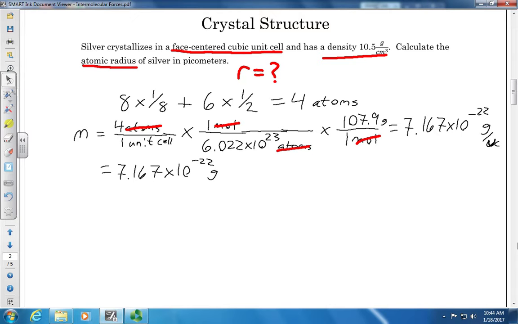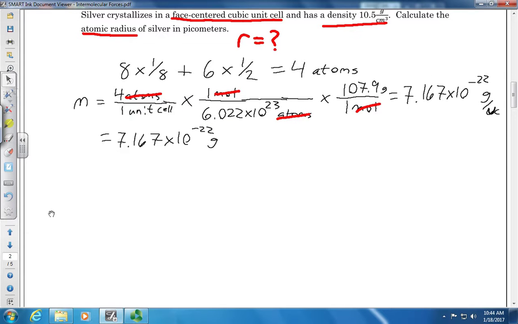Okay, so now we have the mass, and we have the density from our problem itself. What we can get from mass and density, if you go back to chapter 1 in your book, is volume. Volume is equal to mass over density. So for this equation, you have 7.167 times 10 to the minus 22 grams all over 10.5 grams per cubic centimeter.